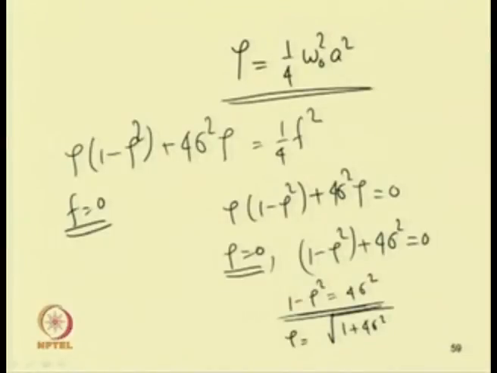So, for sigma equal to 0, we have the solution rho equal to 0 and rho equal to 1.